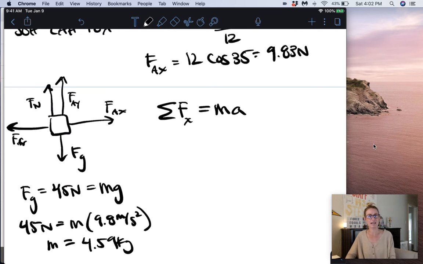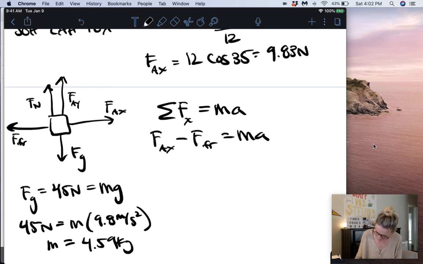And now I can use that in my Newton's second law equation. So the net force acting on the object, I'm going to call right positive because we know that the cat is accelerating to the right because of my applied force that's up and to the right. So the applied force in the x direction minus the force of friction is equal to mass times acceleration. I'm solving for acceleration here. I know the applied force in the x direction.